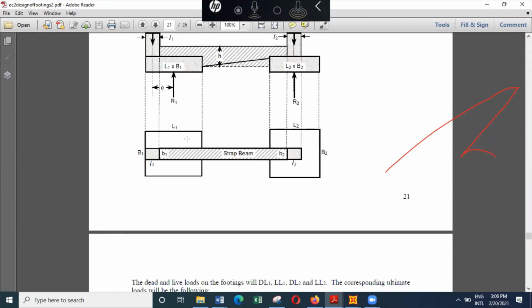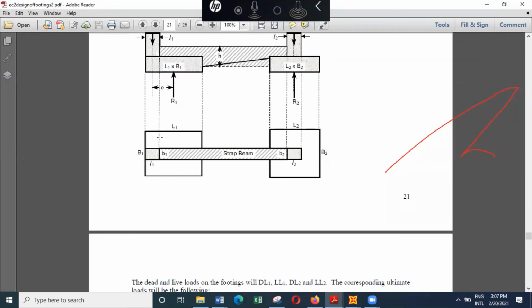So we need main reinforcement here, this way, because it can bend upwards, because there is a projection, and that projection is subjected to 206 kilonewtons per meter squared from the face of the strap beam.